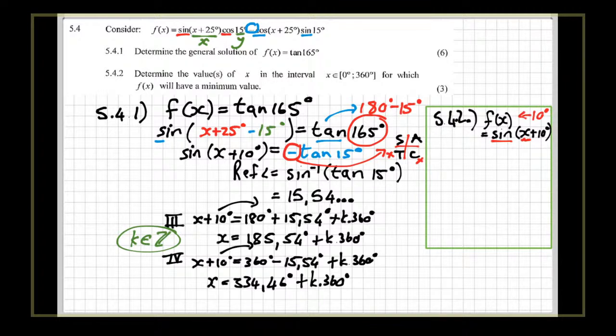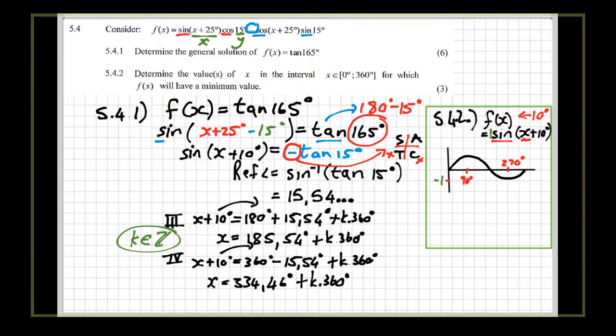So if they ask me, determine the values of x in the interval for which f(x) has a minimum value, I'm going to go towards my graph of f(x). So I'm going to start between 0 and 360. My graph is going to go up, down, up again. Intervals here at 90. So at 270, it's going to have a minimum value of negative 1 because the amplitude is still 1.